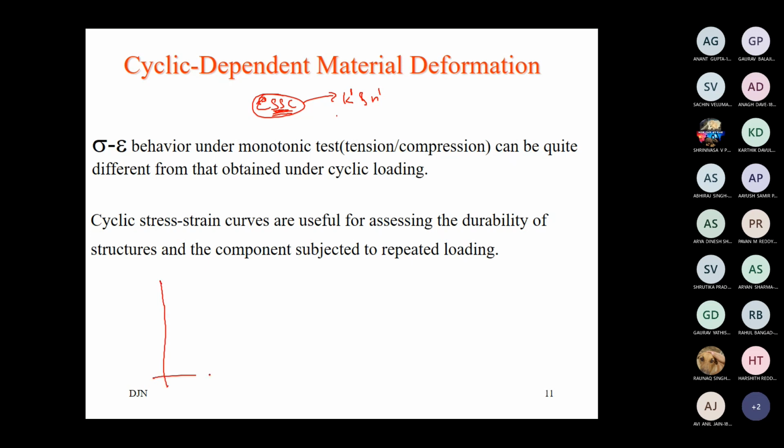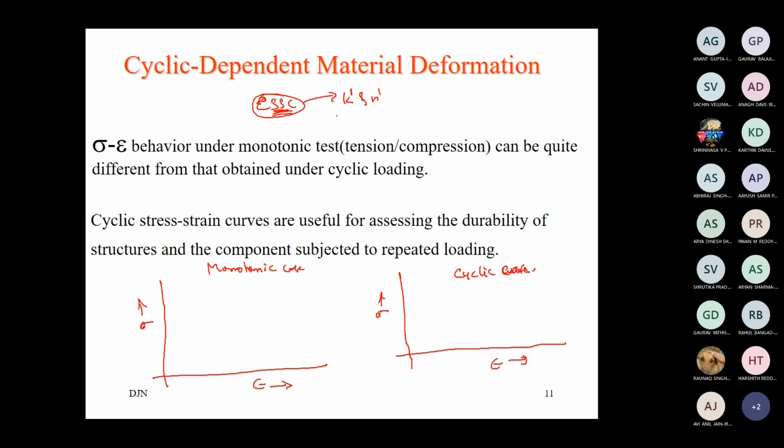We have two curves, strain versus stress, once for the monotonic loading case, once for the cyclic loading case. The curve is the same, a stress and strain relationship only. Here the cyclic curve follows this particular fashion.